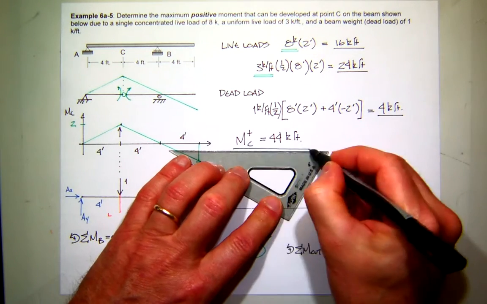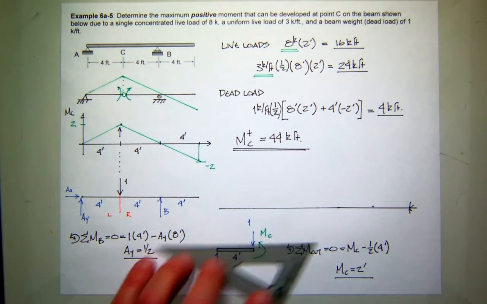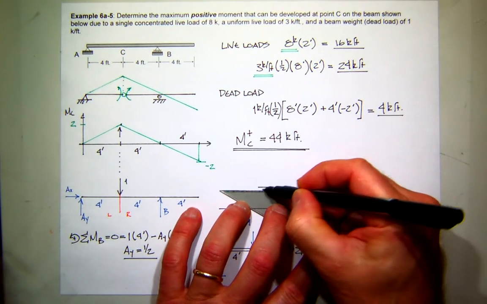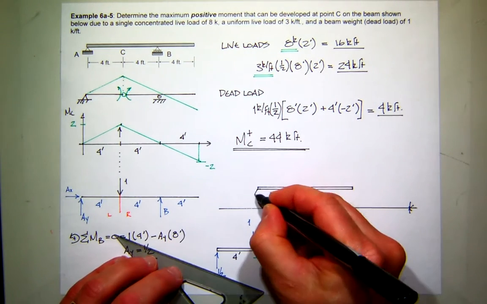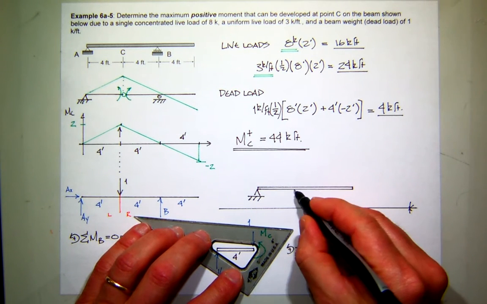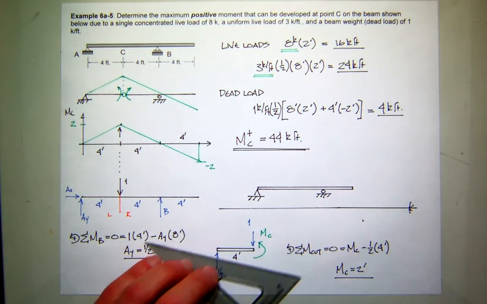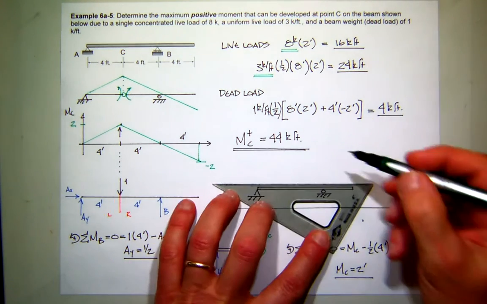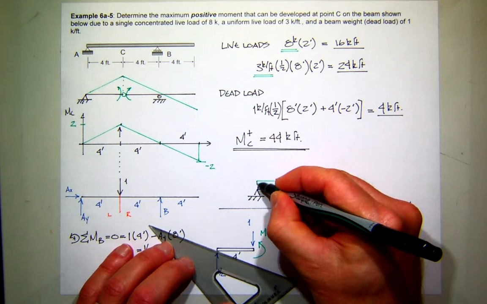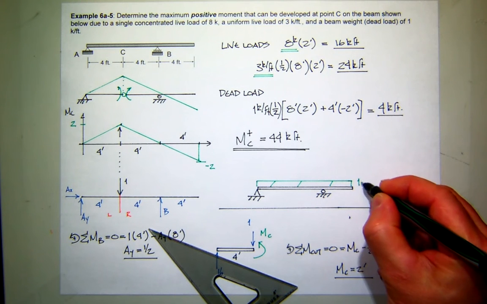And what's the configuration look like? So again, I'll come down here and quickly sketch the beam, which has a pin at A and a roller at B. So again, our dead load goes over the whole length of the structure, and that load has a value of 1 kip per foot.